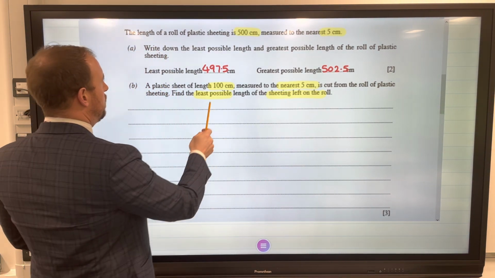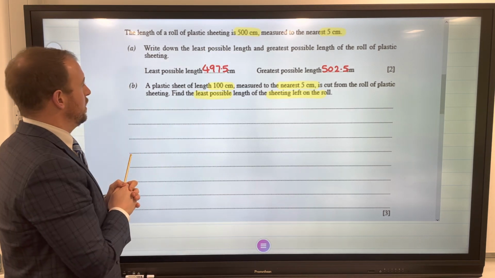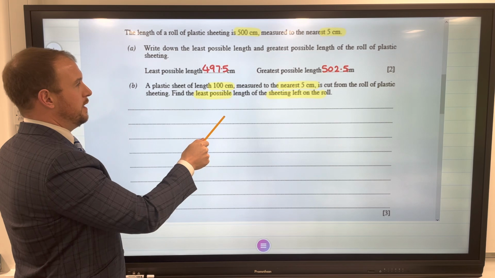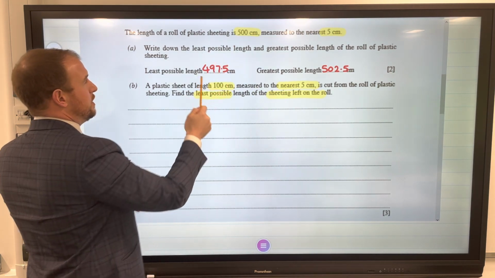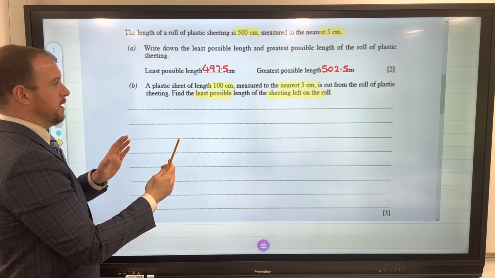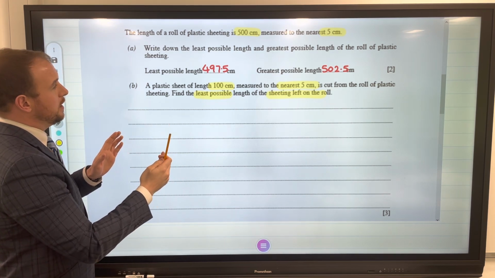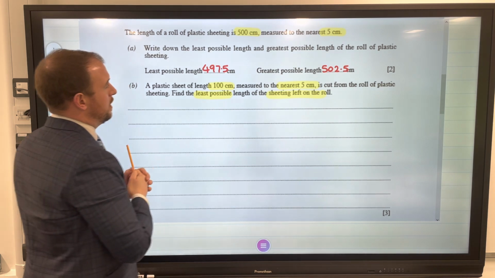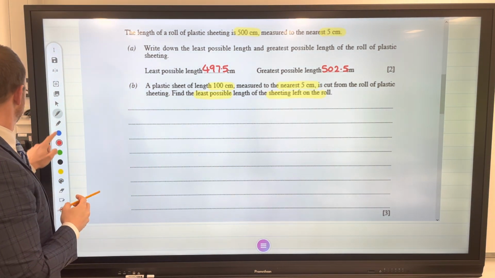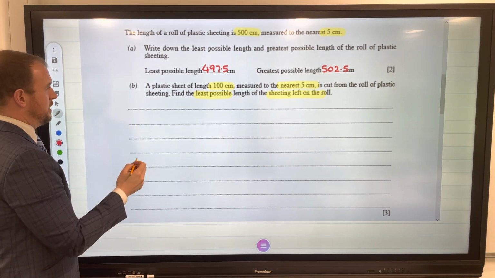Okay, so hopefully you can now visualise that on your kitchen worktop. Well, if the whole thing is 500, for the least possible length left over, we'd have to have the smallest amount or the least possible length of the plastic sheeting, and then the greatest possible length of the sheet. So the roll, let's put an event here now.